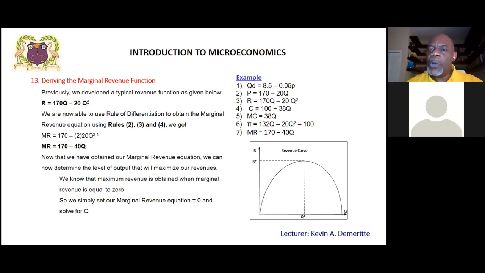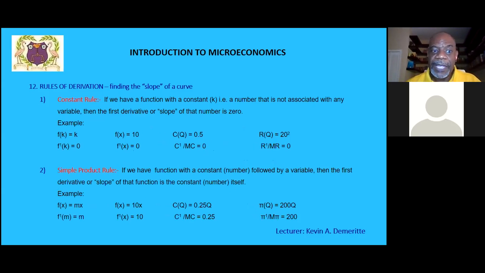The first thing we do is eliminate that 170 because it's a number all by itself and a number doesn't have a slope. So we eliminate the number, and then we only have to deal with the negative 20Q. Same with the cost, we only have to deal with the 38Q. So the first rule says that if you have a function with a number in it all by itself, you can effectively eliminate that number when you're trying to find the slope of that function.